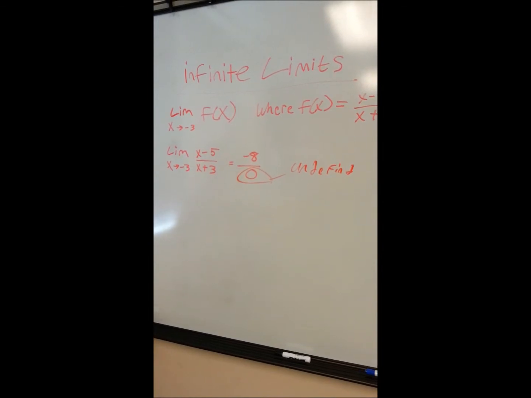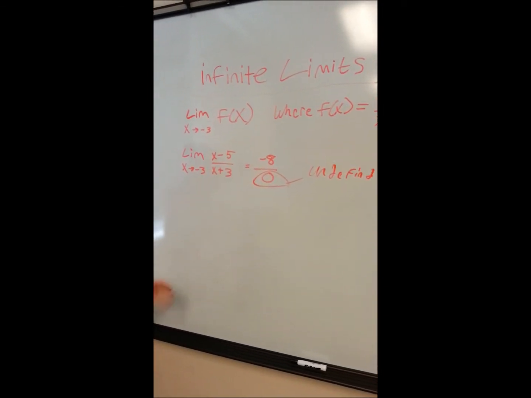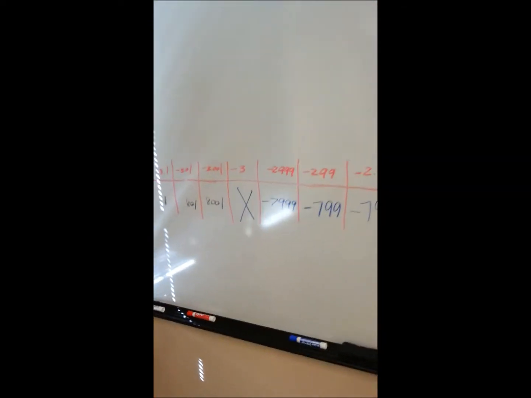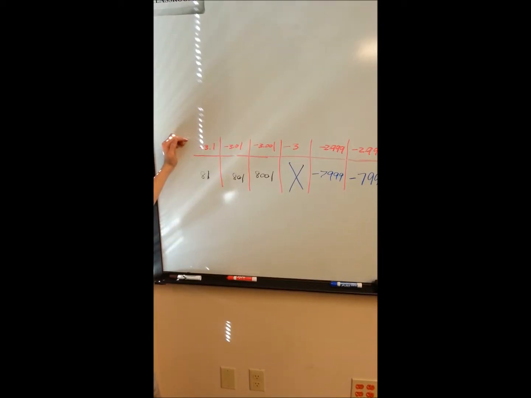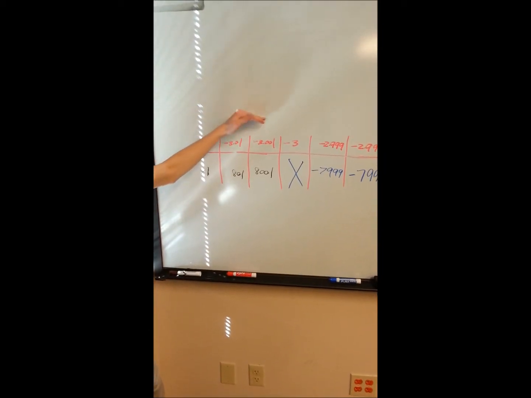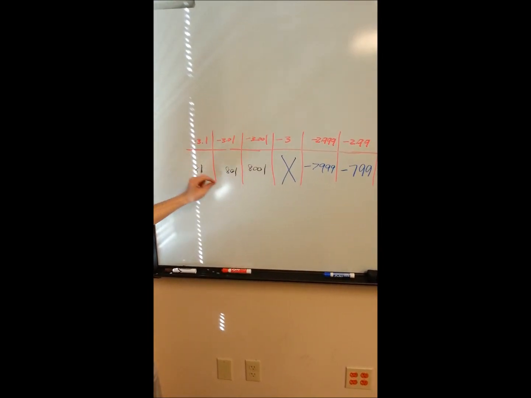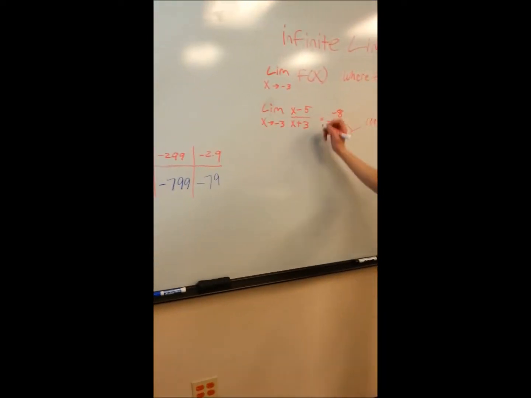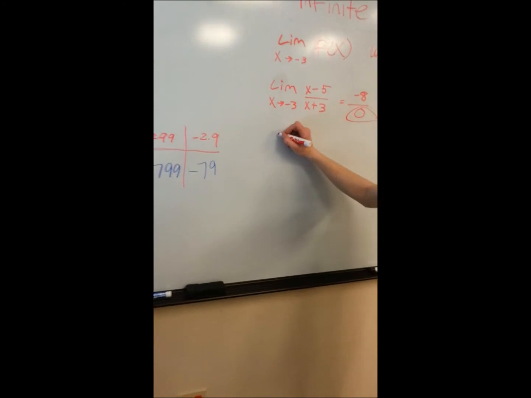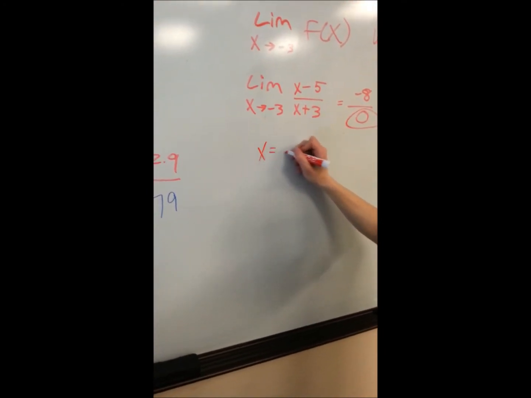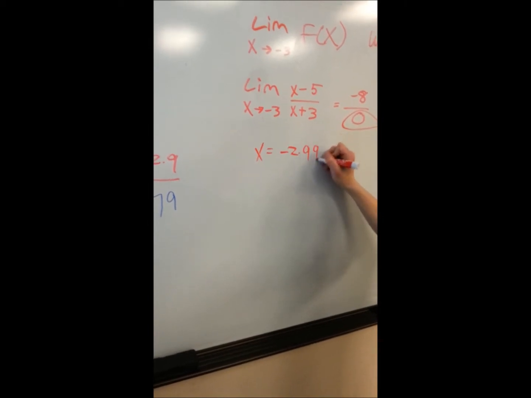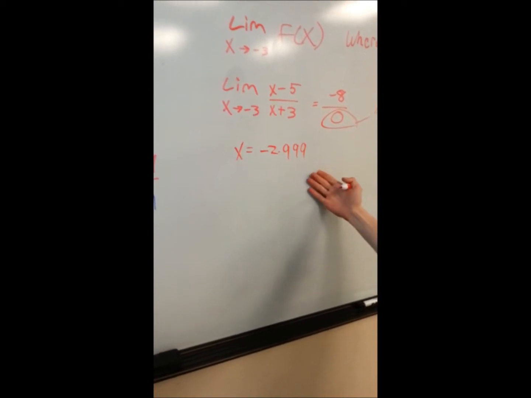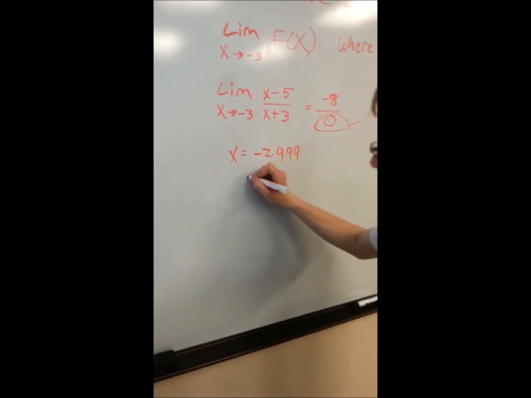But keep in mind that since this is a limit, it never actually reaches this number, which is negative 3. For example, we have this nice little chart drawn out here to show that, so as x gets closer and closer to negative 3 from each side, this number is going to get larger and larger. So instead of plugging in negative 3 here, we can just plug in x equals negative 2.999, because this number is pretty close to negative 3 without actually touching it.